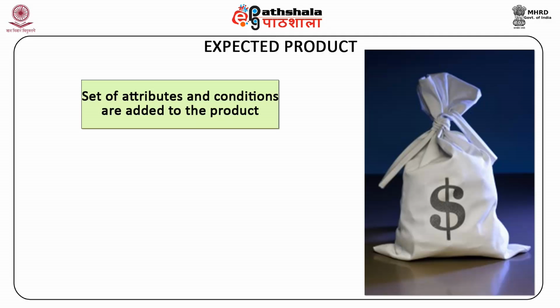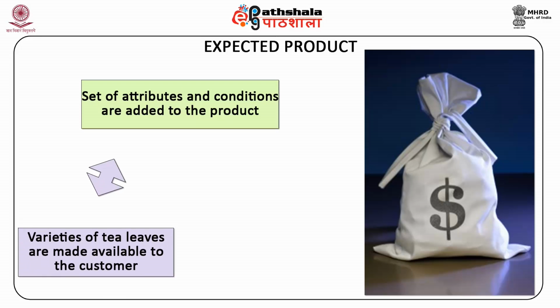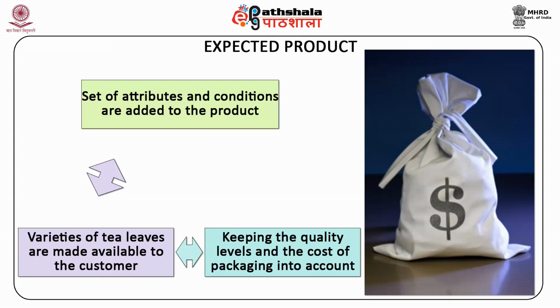For example, the convenience of a product purchase and economical prices. As explained in the previous level, varieties of tea leaves are made available to the customer at convenient locations in the market with different pricing levels, keeping the quality levels and the cost of packaging into account.